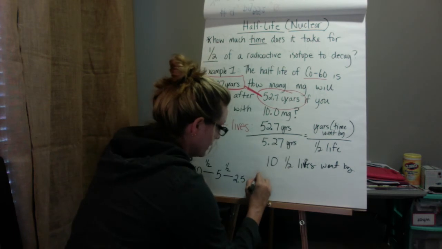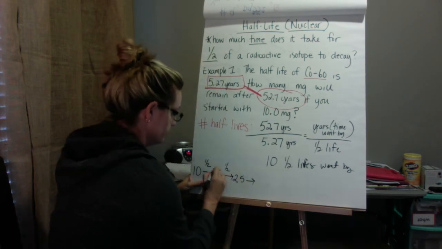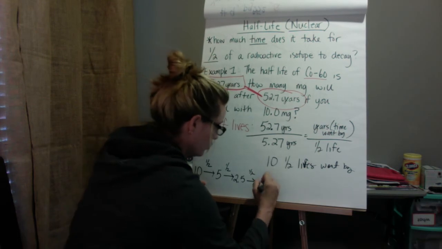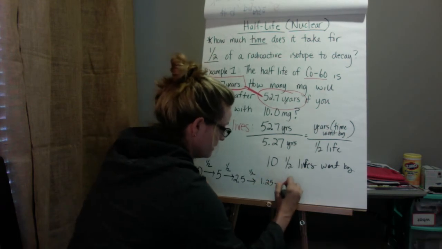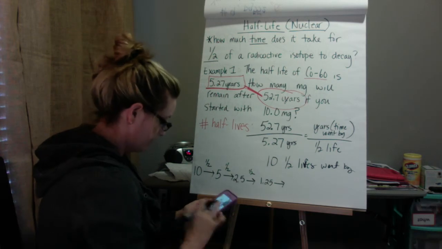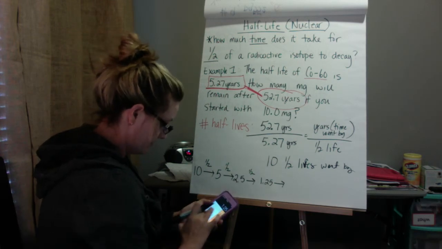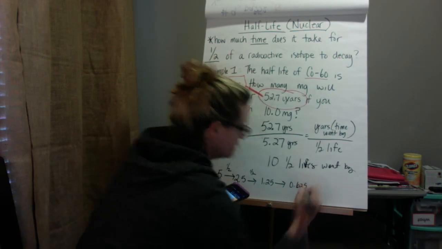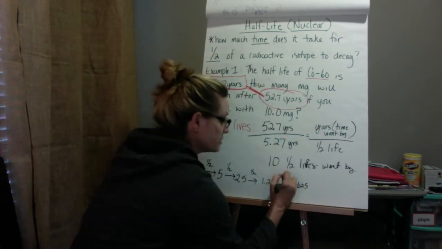After another half-life, I would have 1.25. After another half-life, I would have 0.625, right? So this is what you're doing.